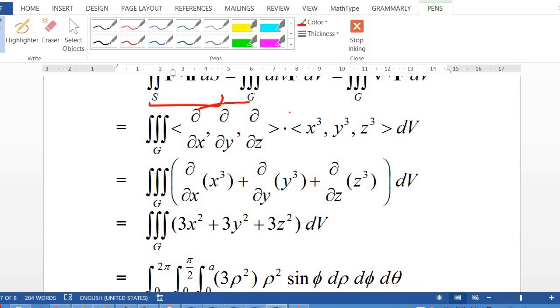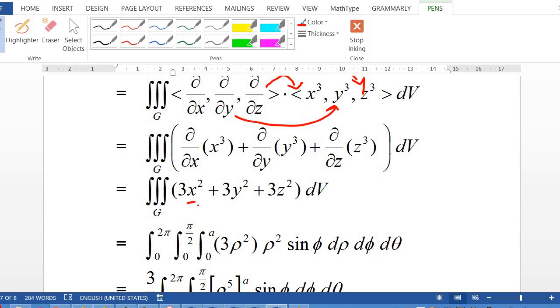Doing the dot product, you have del del x of x cubed plus del del y of y cubed plus del del z of z cubed. So you have 3x squared plus 3y squared plus 3z squared. Factor out 3, you get 3 times x squared plus y squared plus z squared, which is equal to the radius of a sphere squared, rho squared.